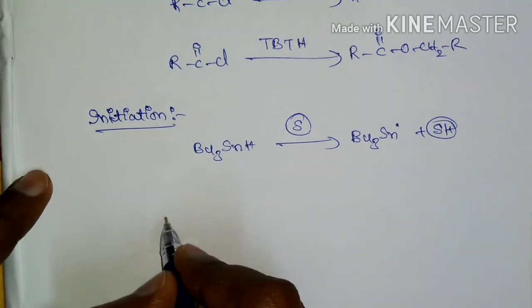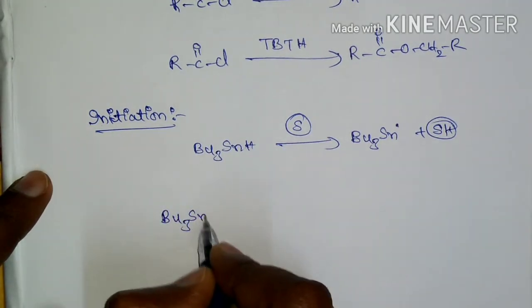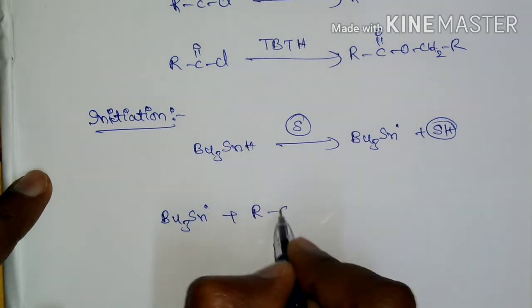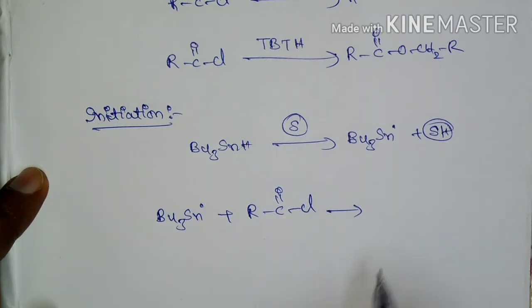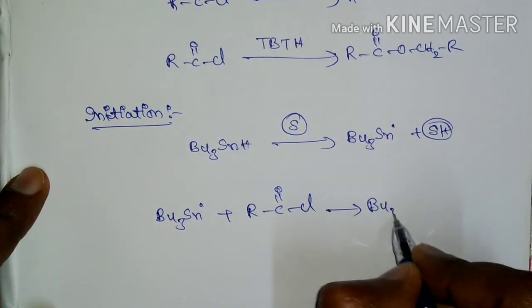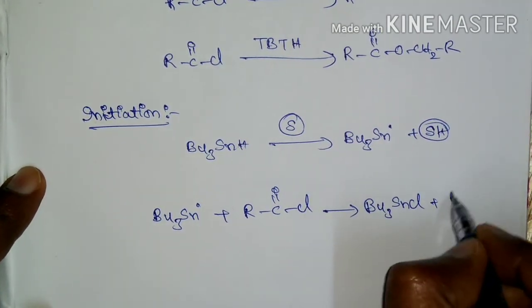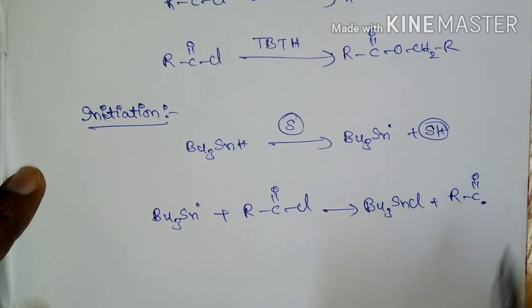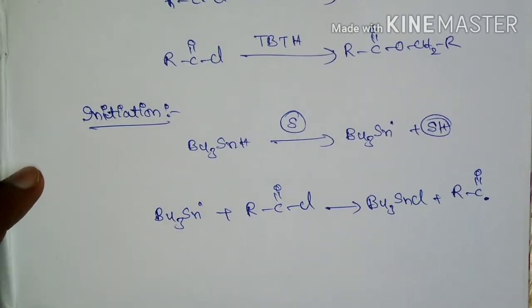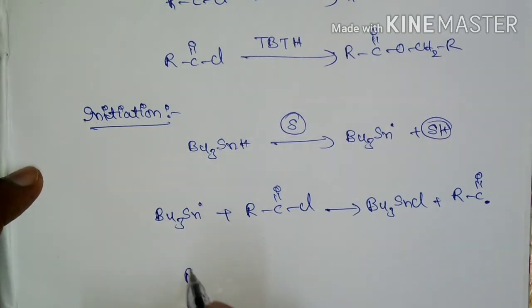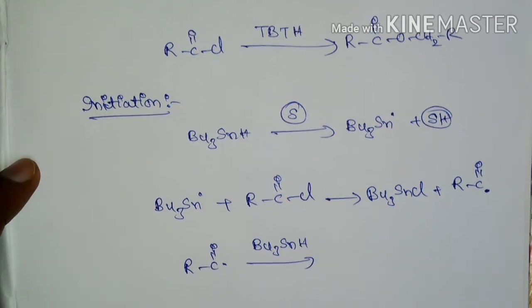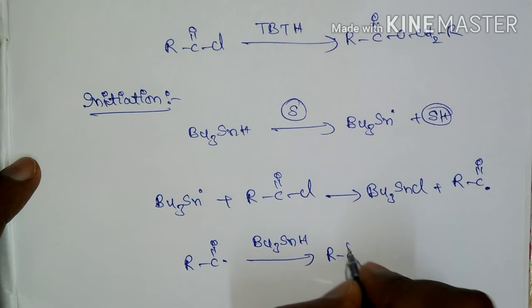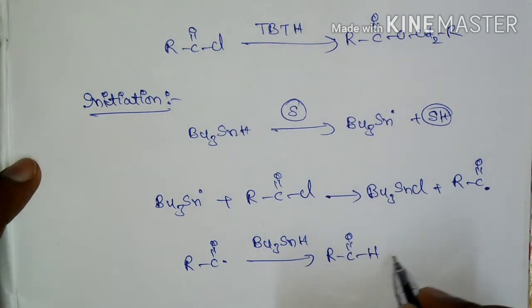Now this tributyl tin free radical is going to react with acid chloride, and we get tributyl tin chloride plus an acyl free radical. If this acyl free radical reacts with tributyl tin hydride, then the obvious product is aldehyde.